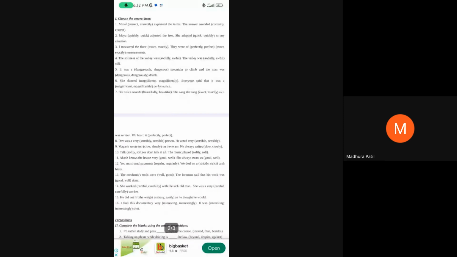Usually in sentences, you can see both uses. Some sentences may have predicative use, some may have attributive use. So I can say, she is a good girl, right? This is an attributive usage, good girl. Or I can also say the girl is good. This is a predicative usage. In both cases, good is your adjective.